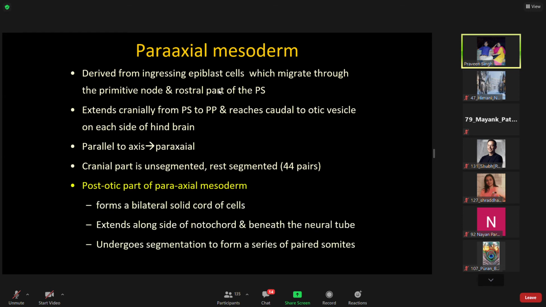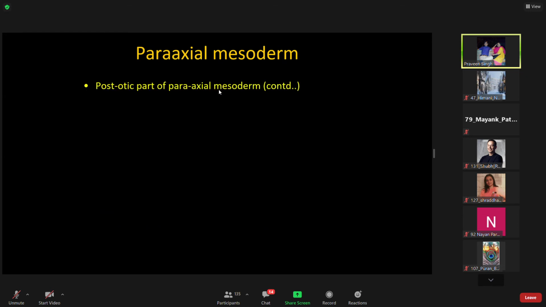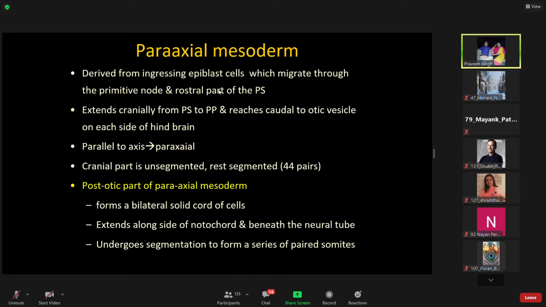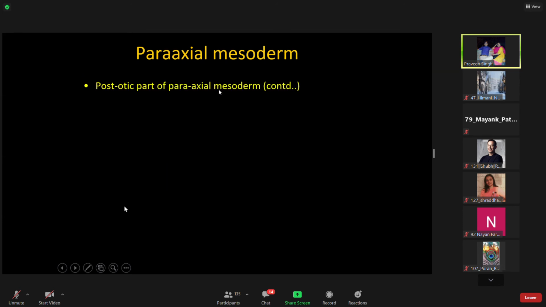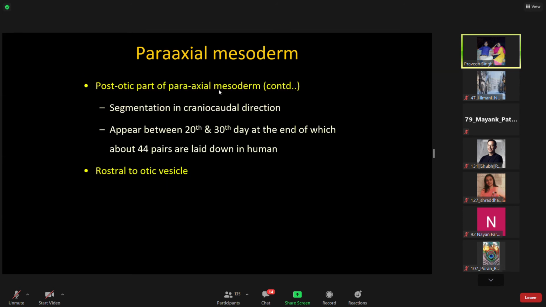And then the post-otic, the paraxial mesoderm is going to form somite. ये सब आपको बताया था. उसके अंदर पोस्ट ऑटिक पार्ट होता है और पोस्ट ऑटिक पार्ट में सेगमेंटेशन होता है in cranio-caudal direction, and the segmentation forms somites. They appear between 28 to 30 days, at the end of which about 40 pairs of somites are laid down in the human.